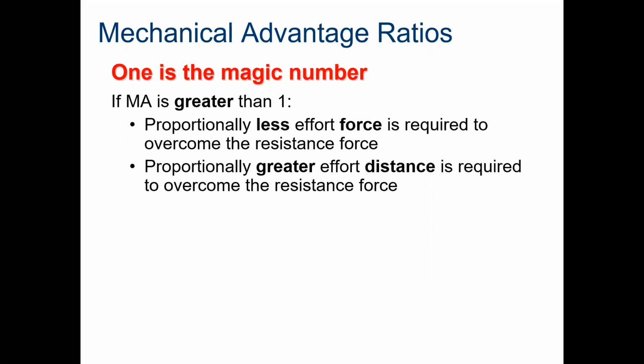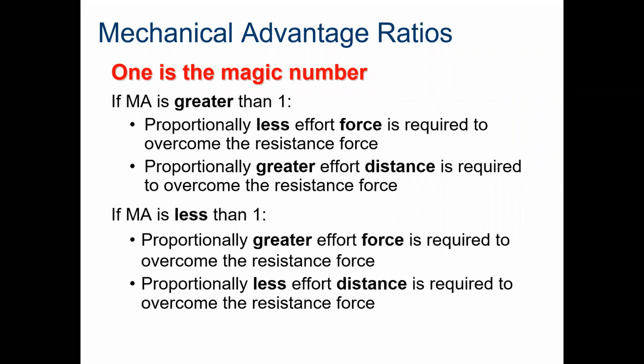So you require less effort force to overcome the resistance force, but you require greater distance to overcome that force. If your mechanical advantage is less than 1, you would use greater effort force, but you move something less of a distance. There are scenarios where you would want both, and so mechanical advantage can make that happen for us.